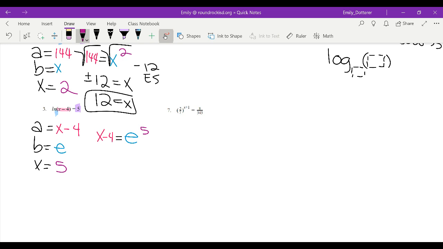All right, so we need to put e to the 5th into the calculator. If we press second and then the natural log button, that'll get us e to the power of, and then we just have to type in 5. So x minus 4 equals 148.413.